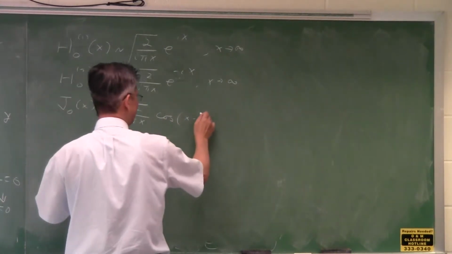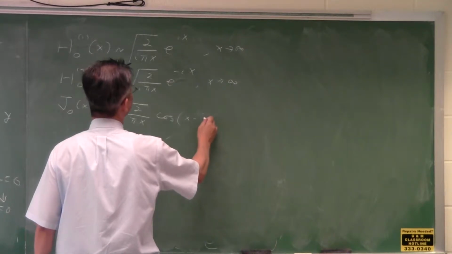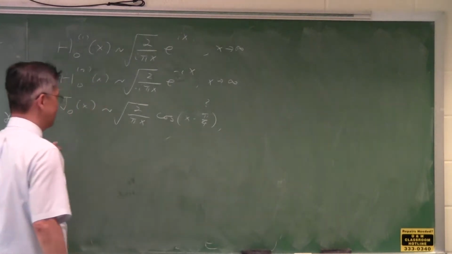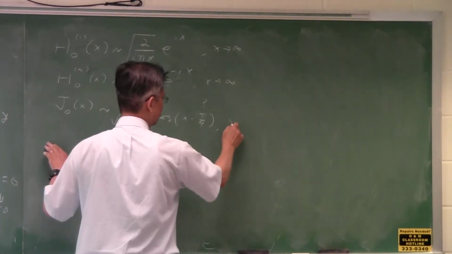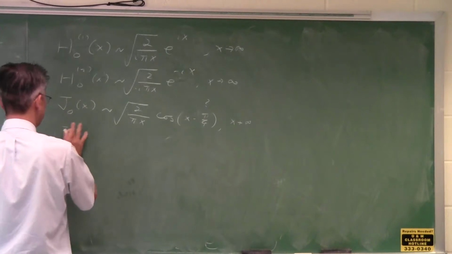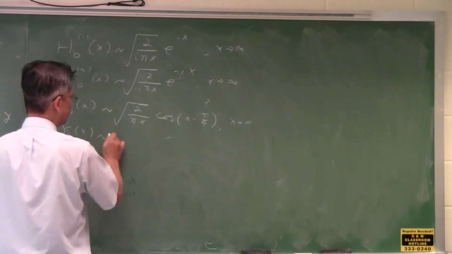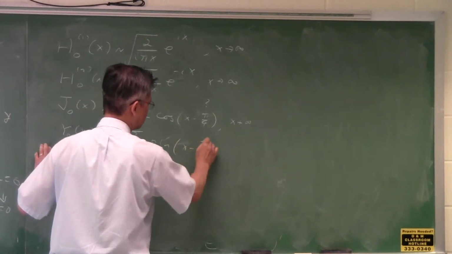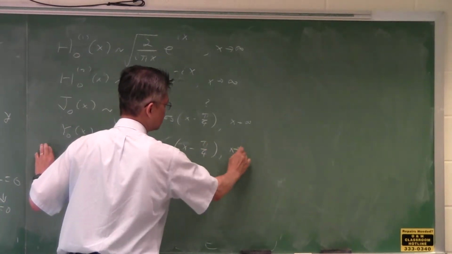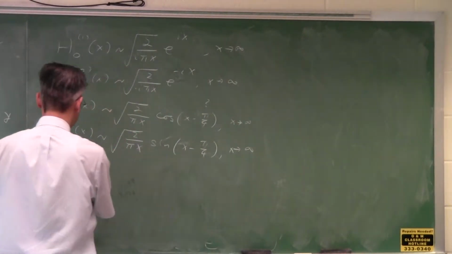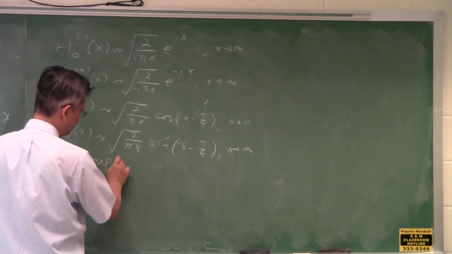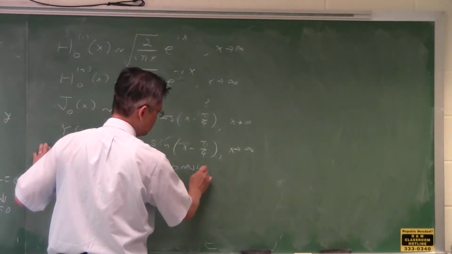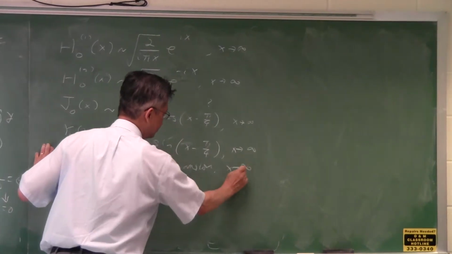I don't know, maybe pi over 4, I don't remember now. There's a constant here, maybe pi over 4. I'm a little bit dubious about that. x goes to infinity, and then Y0(x). So these are the asymptotic behavior, or asymptotic expansion, for x going to infinity.